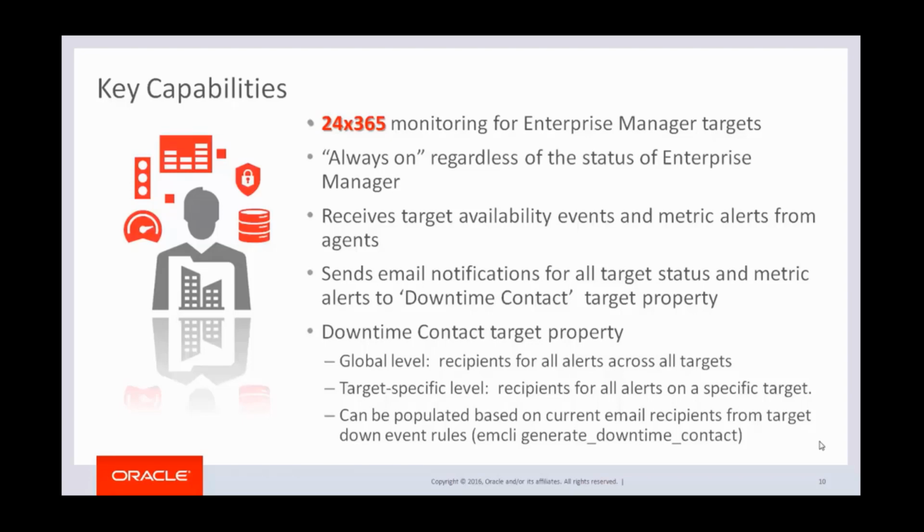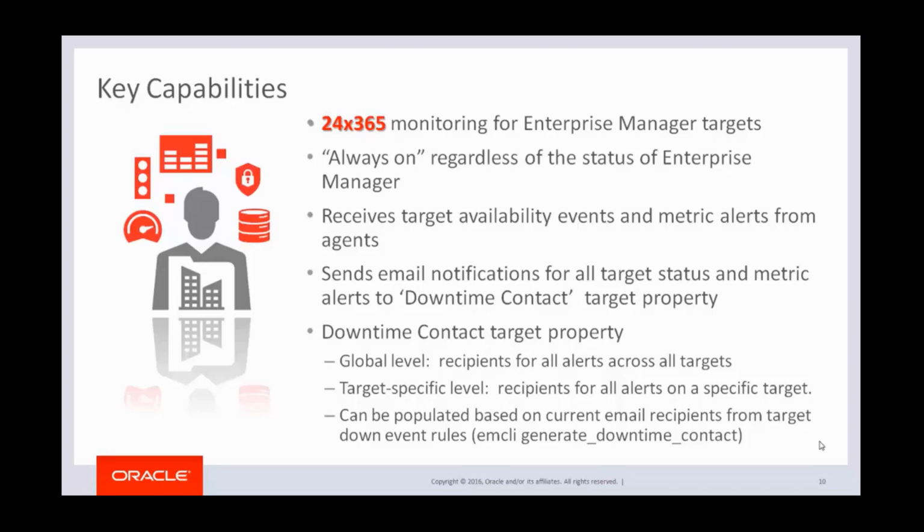And Downtime Contact is a new target property which is introduced in 13C along with AOM. And this needs to be configured as a part of AOM setup. Basically, when AOM receives alert information from an agent for a specific target, it looks up the target property for that target, and if it finds a downtime contact defined, then it sends out an email notification to the email address of that contact.